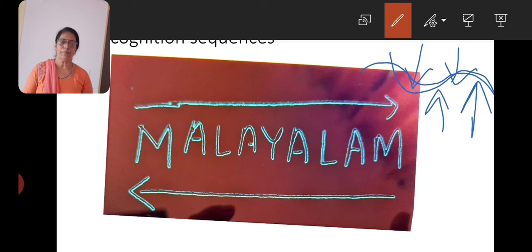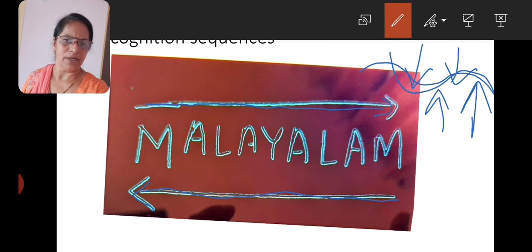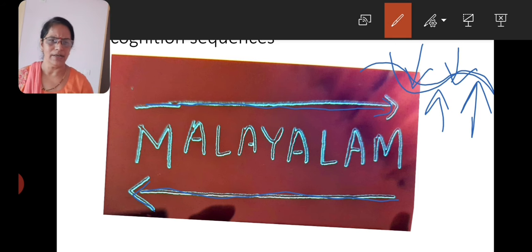What is the meaning of palindrome? Look here, for example, MALAYALAM. When we read in the forward direction, it is Malayalam, and when we read in the backward direction, it also shows the word Malayalam.